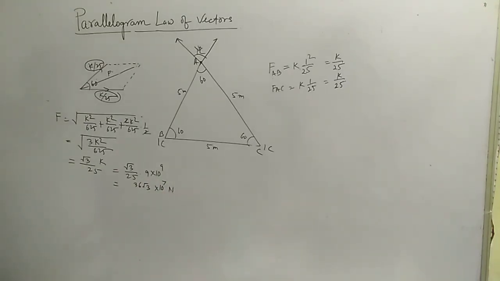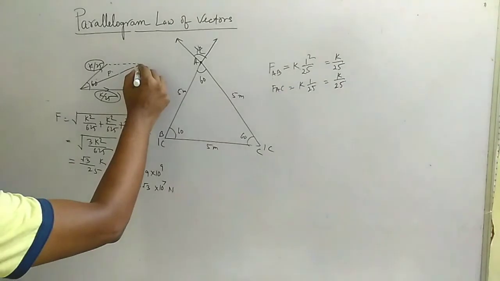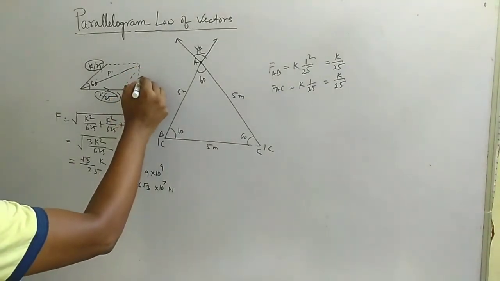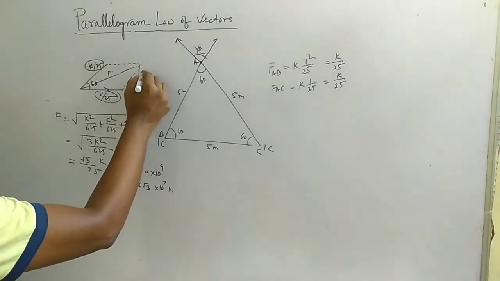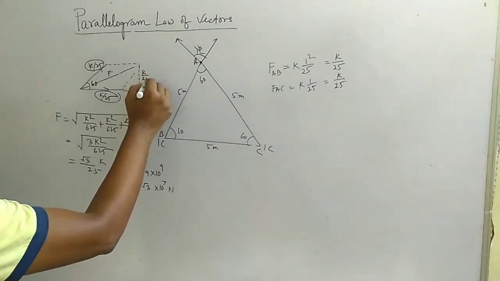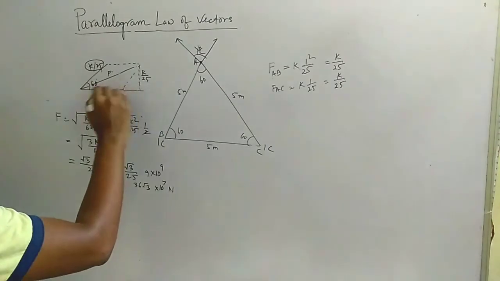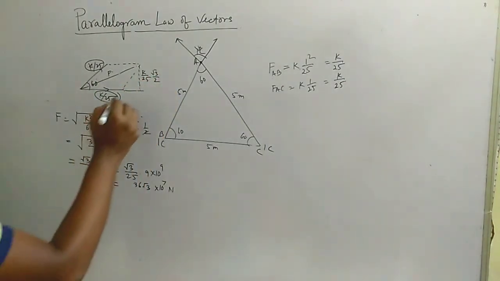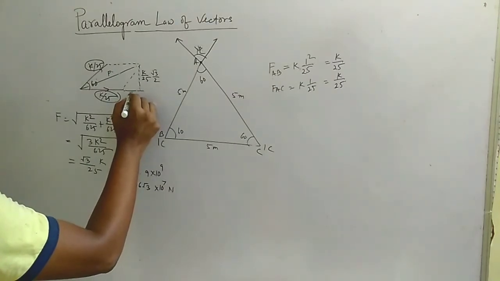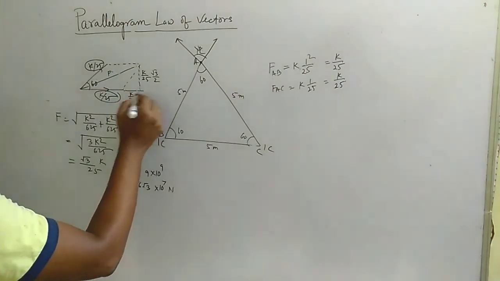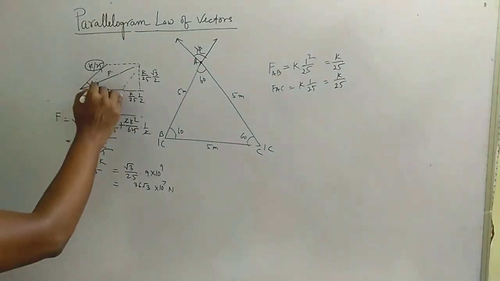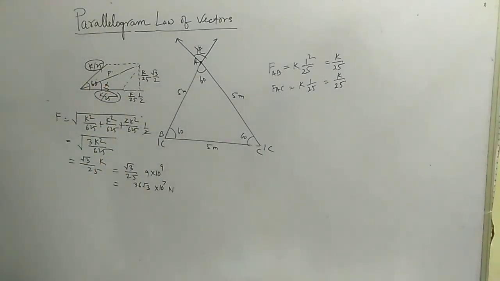Now what will be the angle? This value is K upon 25 sine 60, that is root 3 upon 2, and this is K upon 25 cos 60, that is half. So the angle alpha will be given by tan alpha.